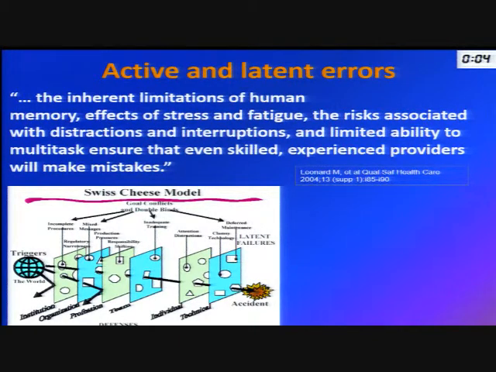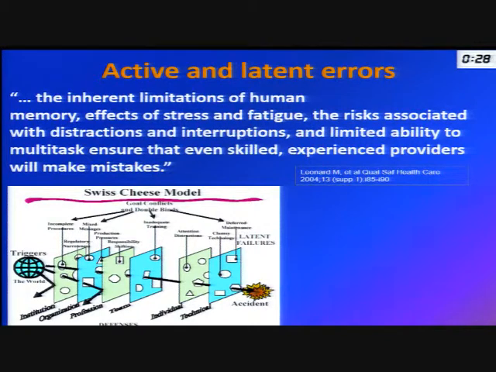And this, down here, is the Reason model, where on the left you have the latent errors, which belong to the institution, the culture, the organization, the profession, the team, and then to the extreme right you have the active error.